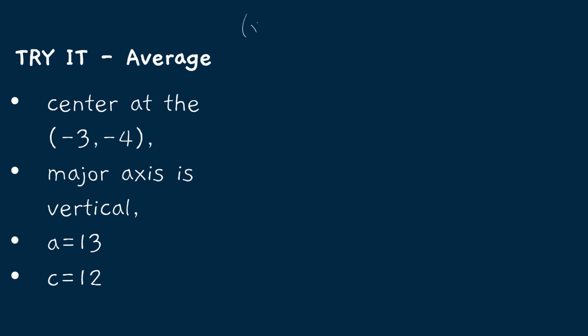It is (x minus h) squared over b squared plus (y minus k) squared over a squared is equal to 1. Remember, this is a vertical ellipse because your major axis is a vertical one. Write your center. Again, your center is at (-3, -4), so be careful in writing it inside your equation. And lastly, we need to solve for the value of b.